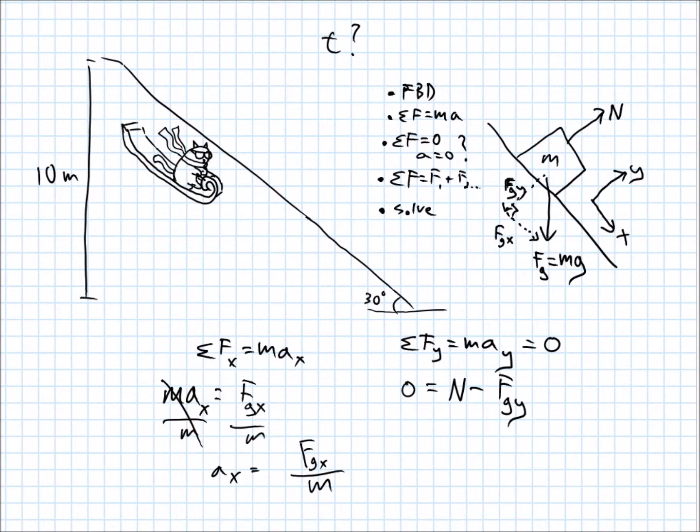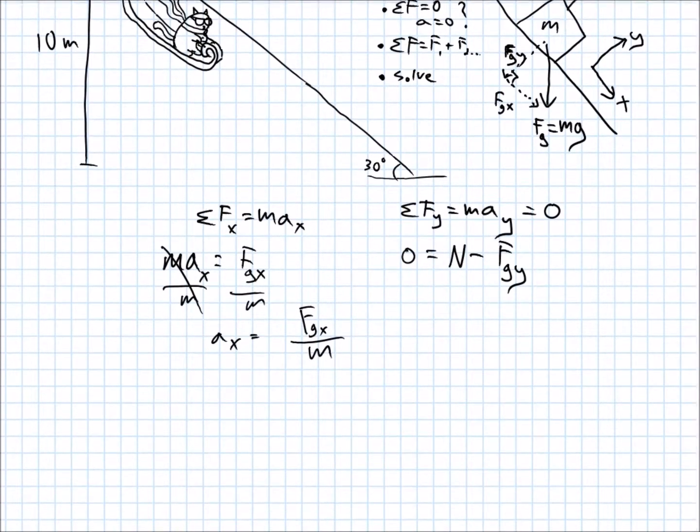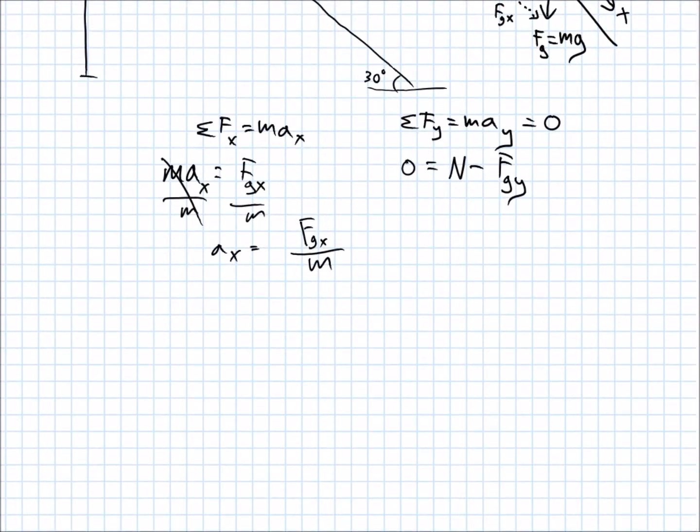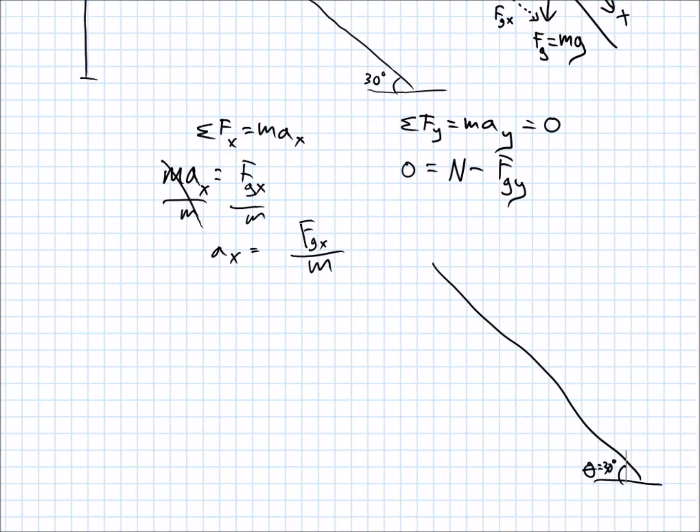Let's have another picture. My first free body diagram is getting a little crowded, so I'm going to zoom in a bit here. This is the slope, so its angle is this theta of 30 degrees I mentioned at the beginning. And the mass is somewhere right here, but what I'm looking at right now is the gravity.